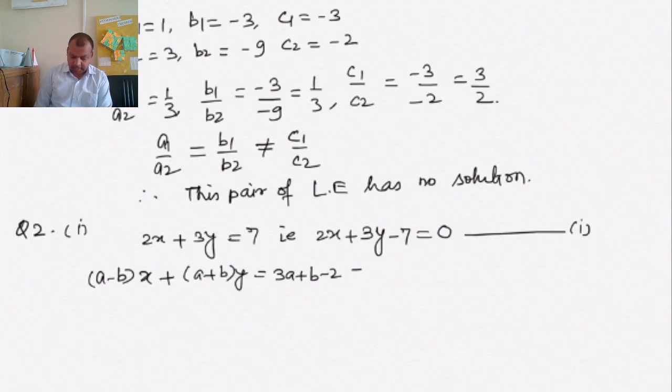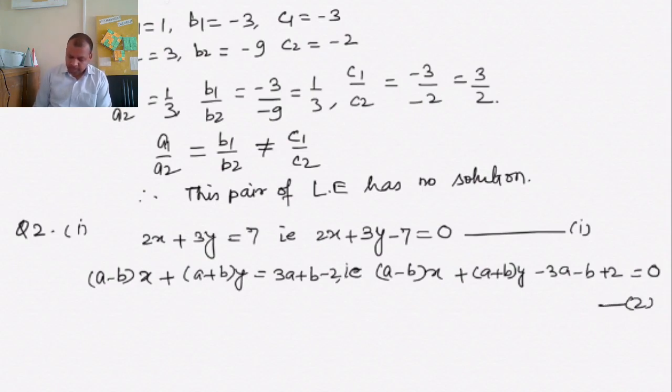And this can be written as (a minus b)x plus (a plus b)y minus 3a minus b plus 2 equals to 0. This is our equation 2.